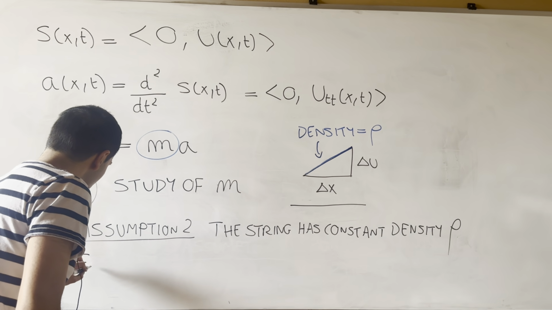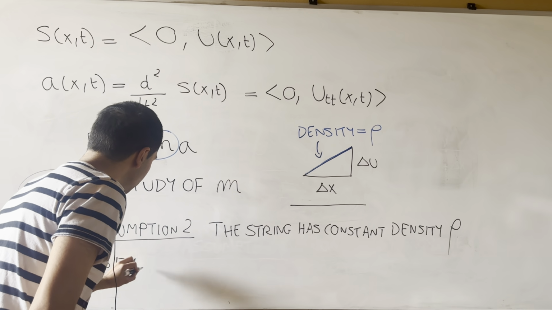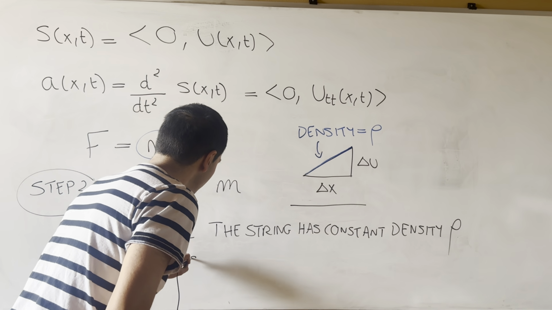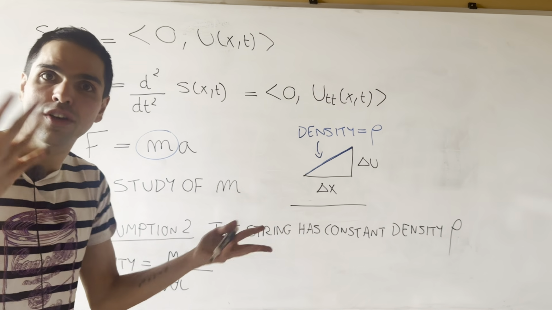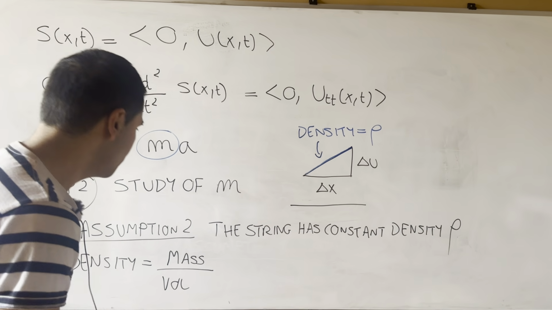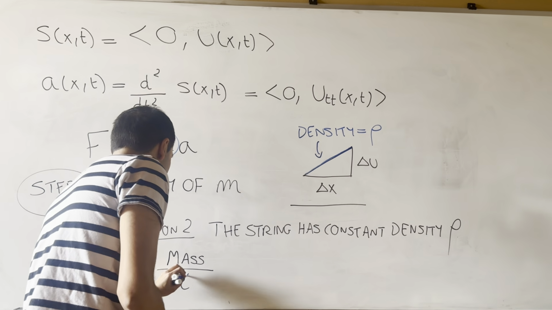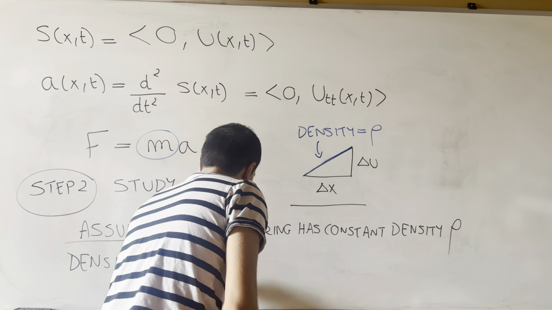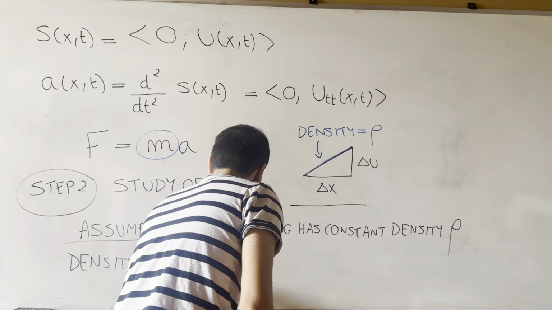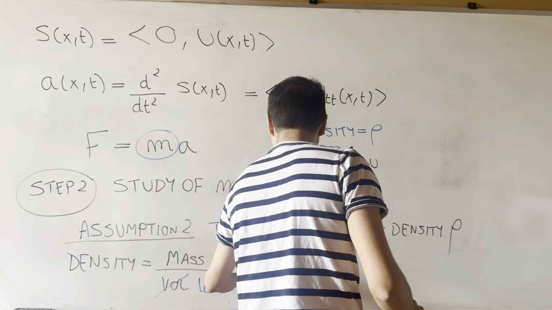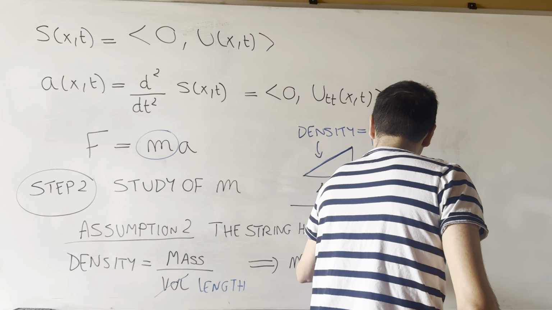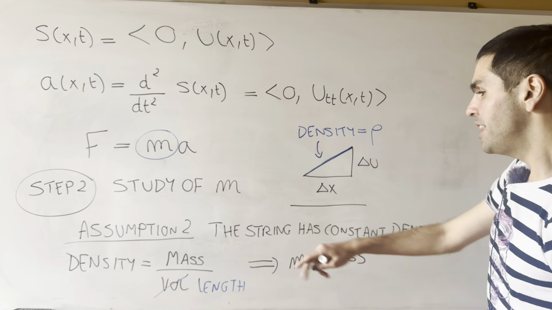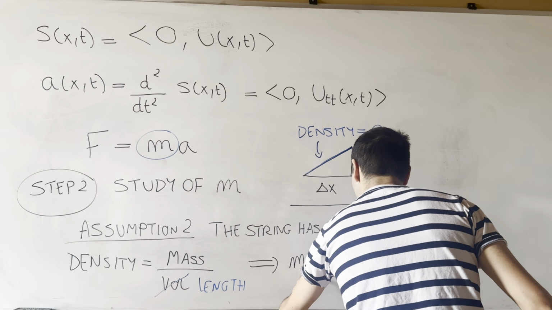So the one you might be familiar with is density is mass over volume. But that is for a 3D solid. So here the analog of volume is length. And so in particular, m, which is the mass, now just becomes density times length.